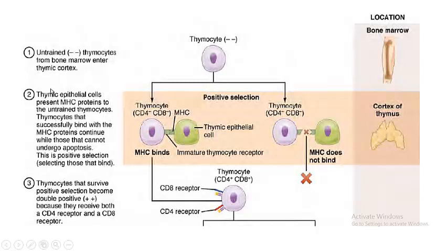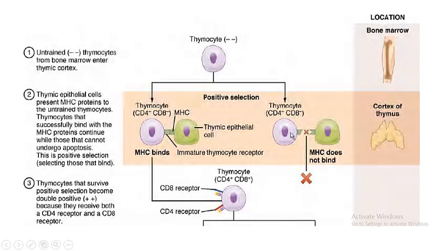The thymic epithelial cell presents the MHC, major histocompatibility proteins. Each thymic cell has this protein on the surface, and the T cell must recognize that. If the T cell recognizes and binds strongly, then the T cell gets selected.